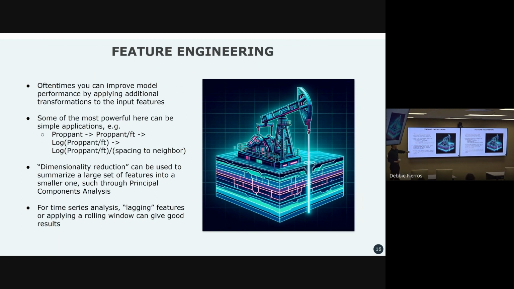If you are doing time series analysis, like trying to forecast when your gas lift is going to break down, or how much your wells are going to come back online after they've been shut in for 6 weeks, you will oftentimes want to do some specific engineering, like a rolling window of some past production, rather than just taking the noisiness of the data.